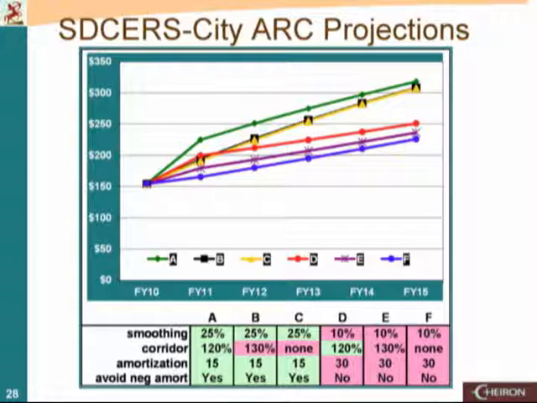But it is to your credit that your ratio is 130 versus the others being at 141 and 150. And D, if you look at it, you're at basically 318 in fiscal year 15 versus 250. Yeah, okay. Thank you.